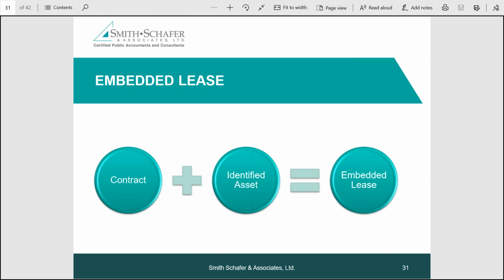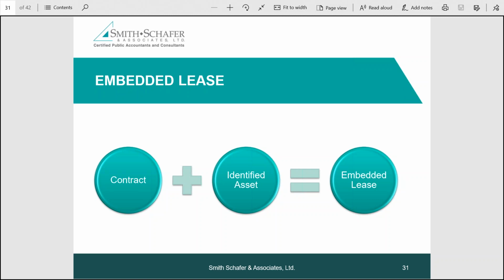And the problem with an embedded lease is you have to look at what type of payments you're paying for in that embedded lease. You have to break out your lease component, so what you're paying for that actual asset, and your service component.